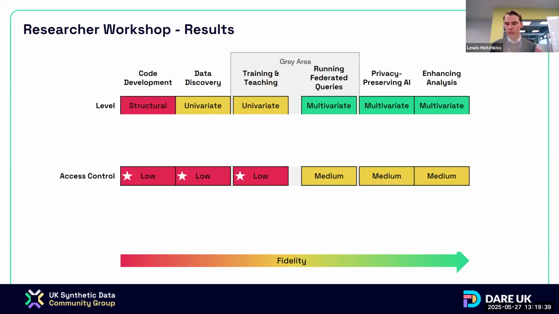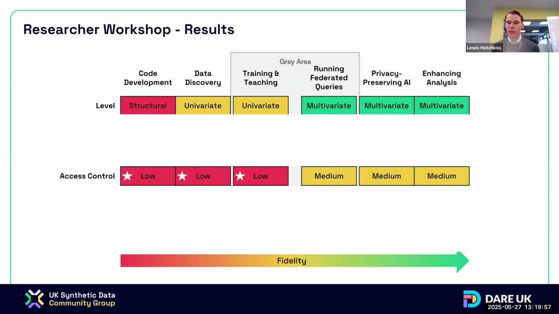For these lower levels of fidelity, it was really highlighted that these should be easily accessible. This was identified as one of the most important factors for these different types of synthetic data, that it's made easily accessible outside of trusted research environments with low barriers. And that was really important for these lower fidelity ones.